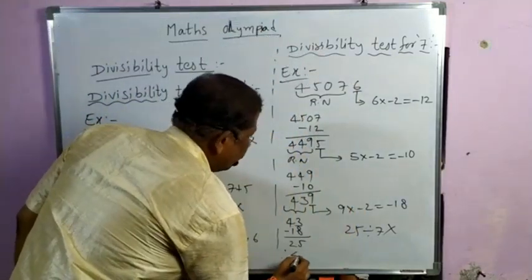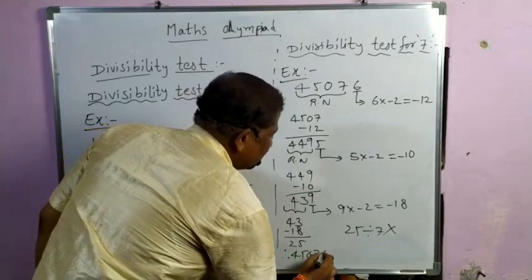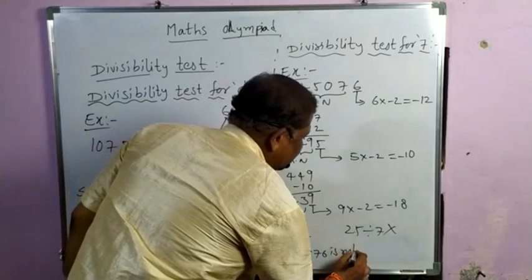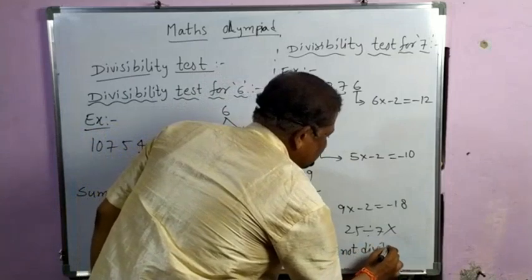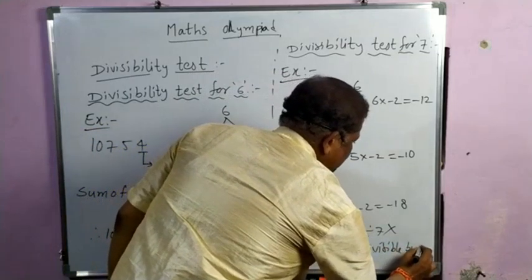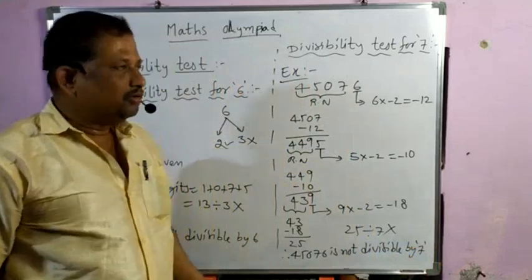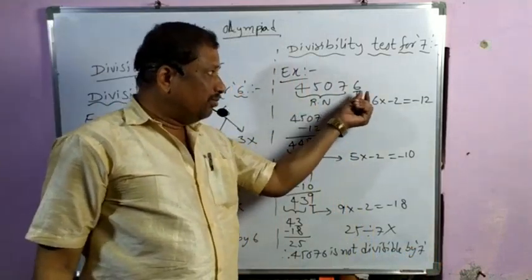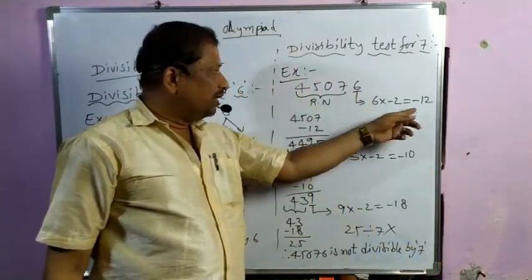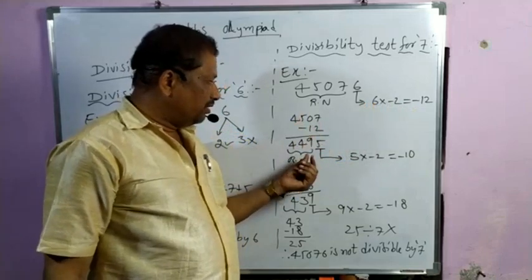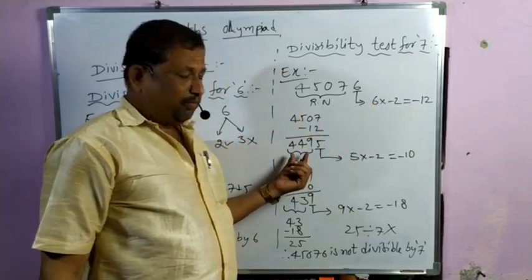Therefore, 45076 is not divisible by 7. So we have to double the last digit and subtract it from the remaining number. Then we get a subtracted result.